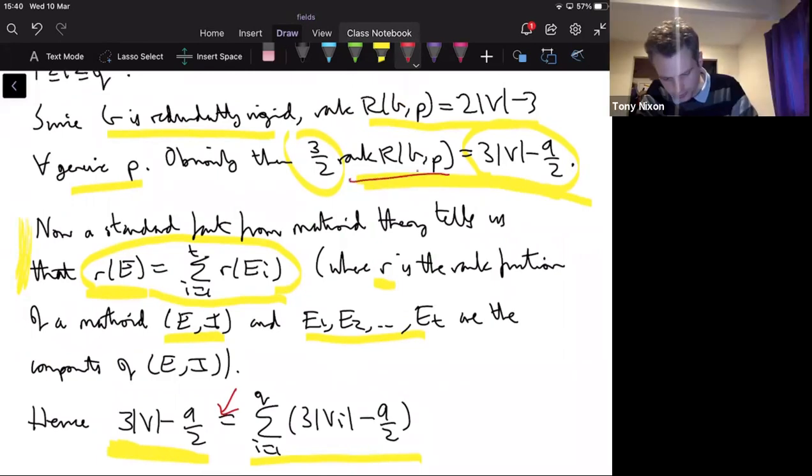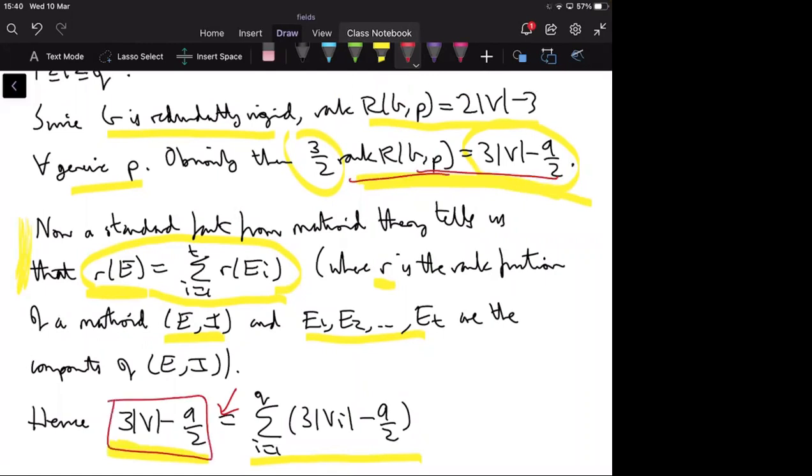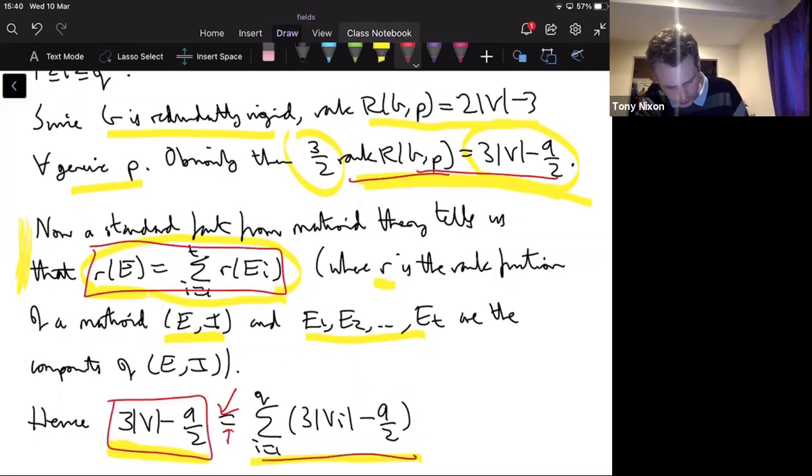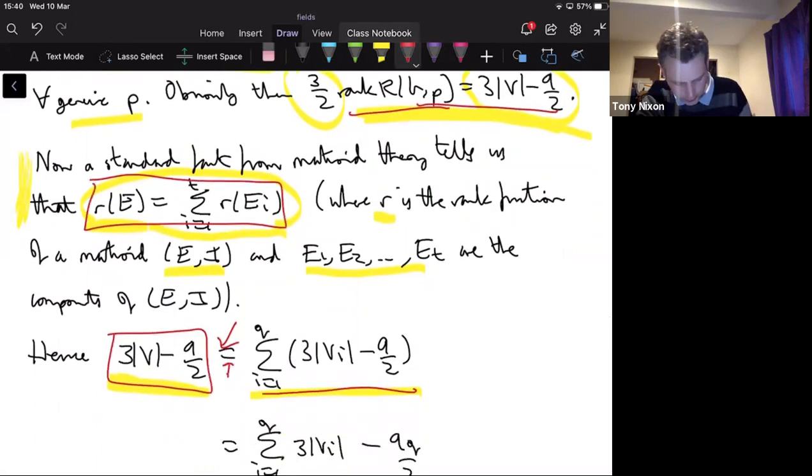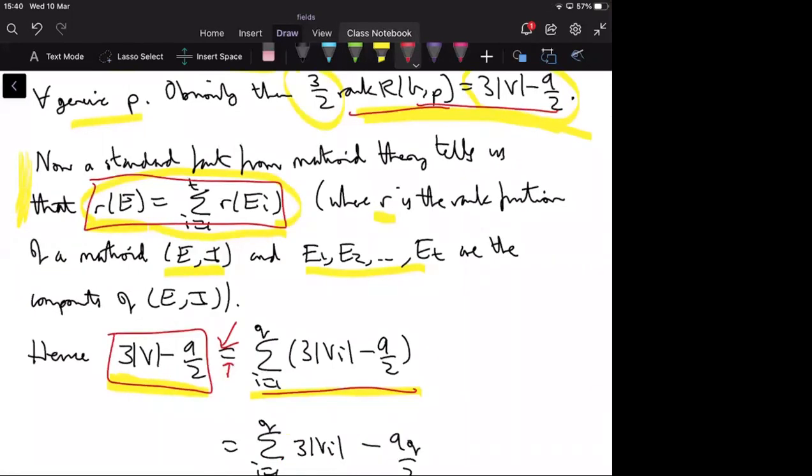Yes. So we definitely took this and replaced the rank with this one. I want to apply this to say that this is equal to this, but it's true.